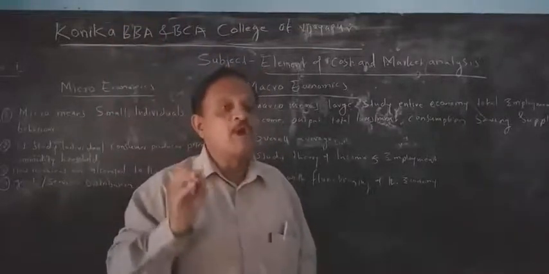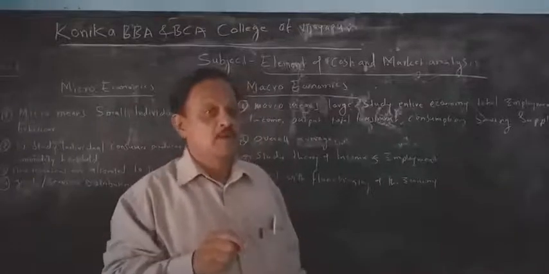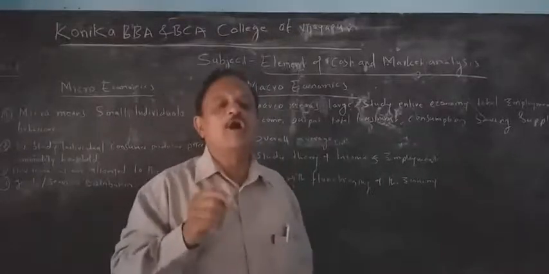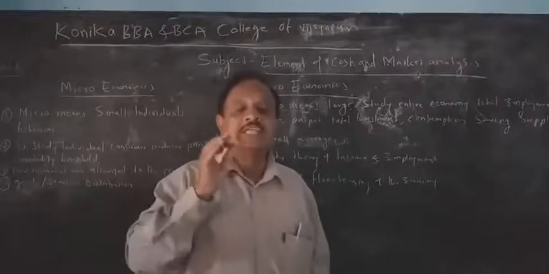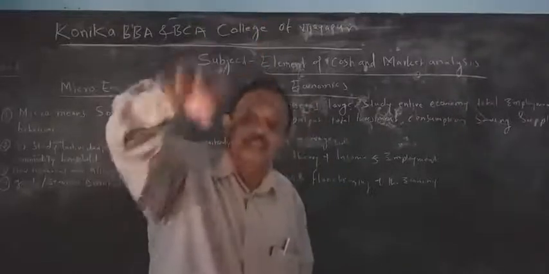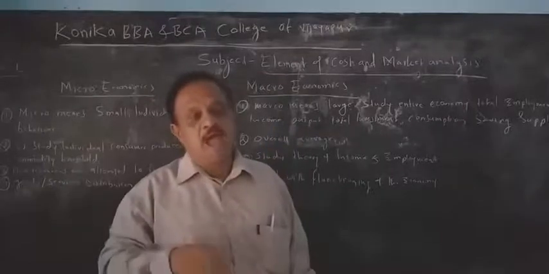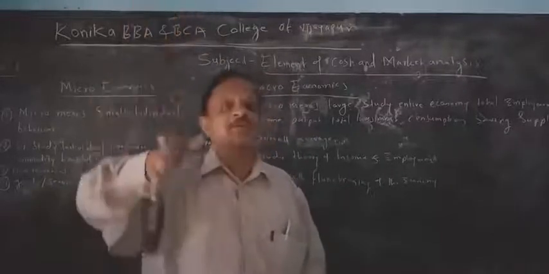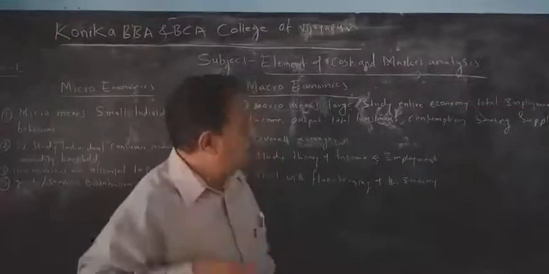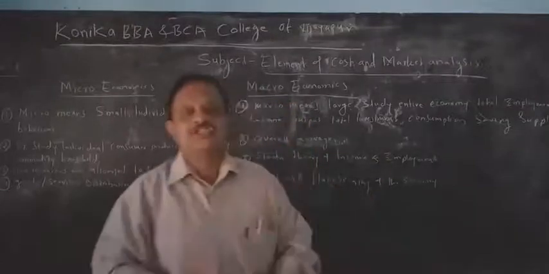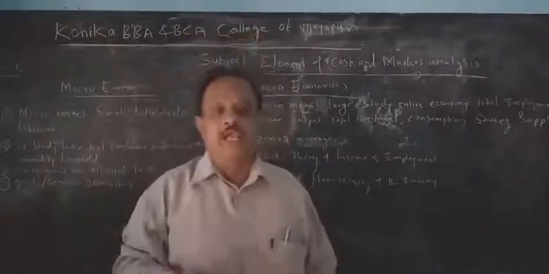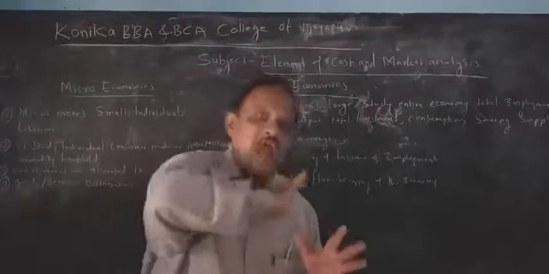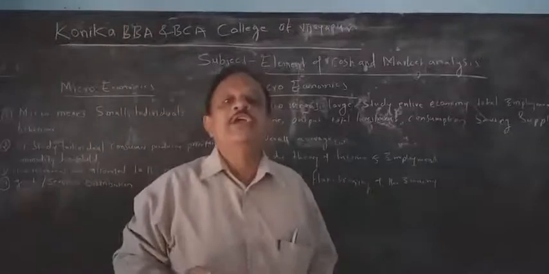How much employment they want, what is the position of employment, how much requirement they have, how much income the entire people have, how much they are investing, how much they are consuming, how much they are saving, and how much we have to supply to almost all areas.